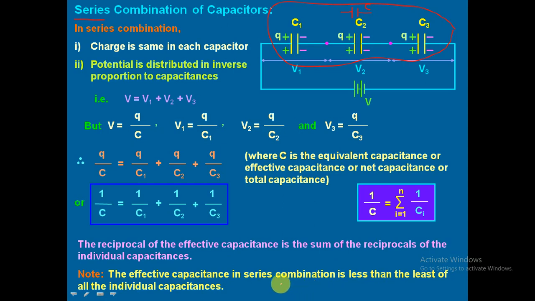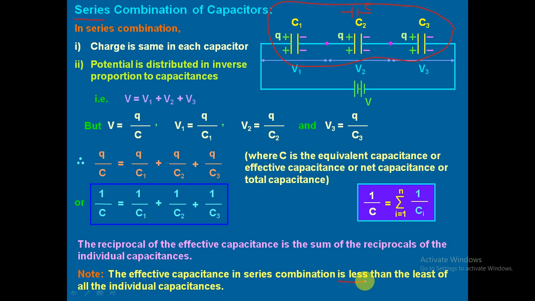This is one very important note. Suppose you have 1 microfarad, 3 microfarad, 5 microfarad capacitors connected in series, then the effective capacitance would be less than the least value, and the least value here is 1 microfarad, meaning the net capacitance would be less than 1 microfarad.